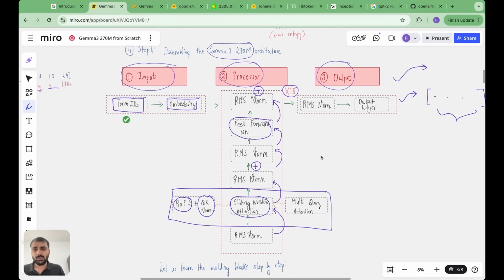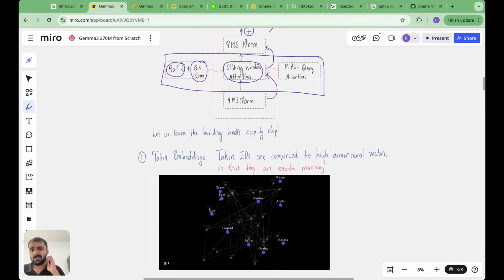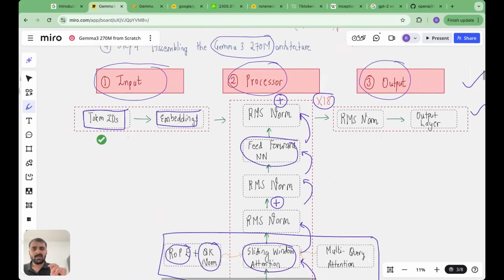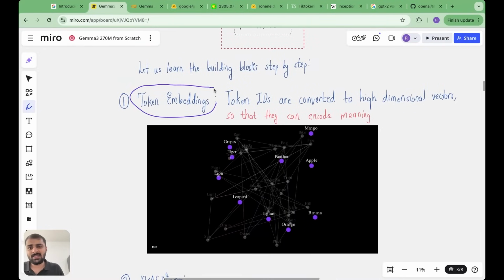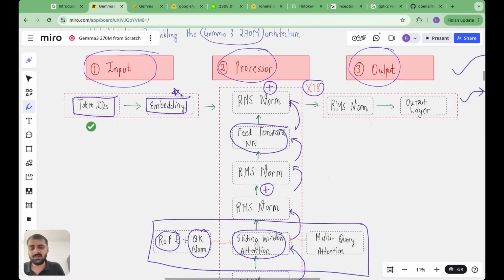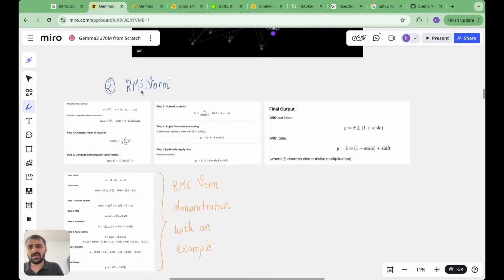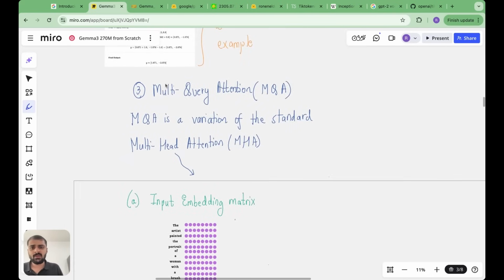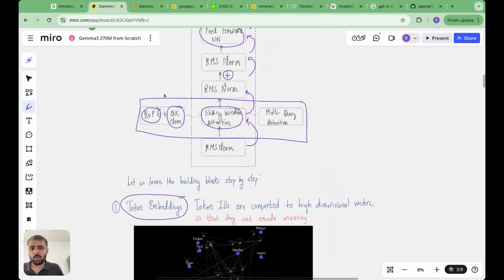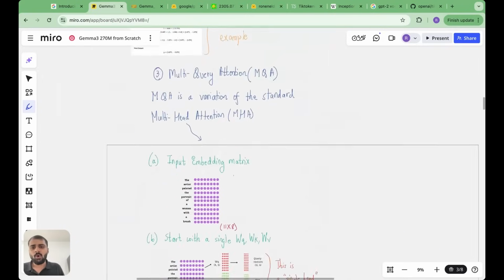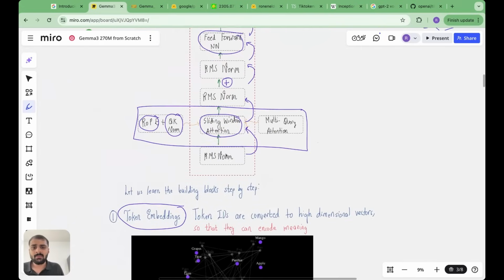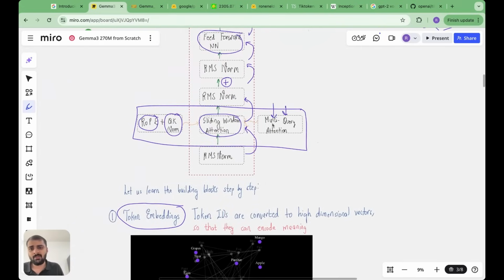Now what I'm going to do is explain to you some key modules so that you understand the whole architecture. The first thing which you need to understand is what exactly are embeddings, which I've mentioned over here. Second thing is RMS norm and how it works. Third thing which I'm going to spend a lot of time on is everything related to attention, right? What is this multi-query attention which I'm talking about?